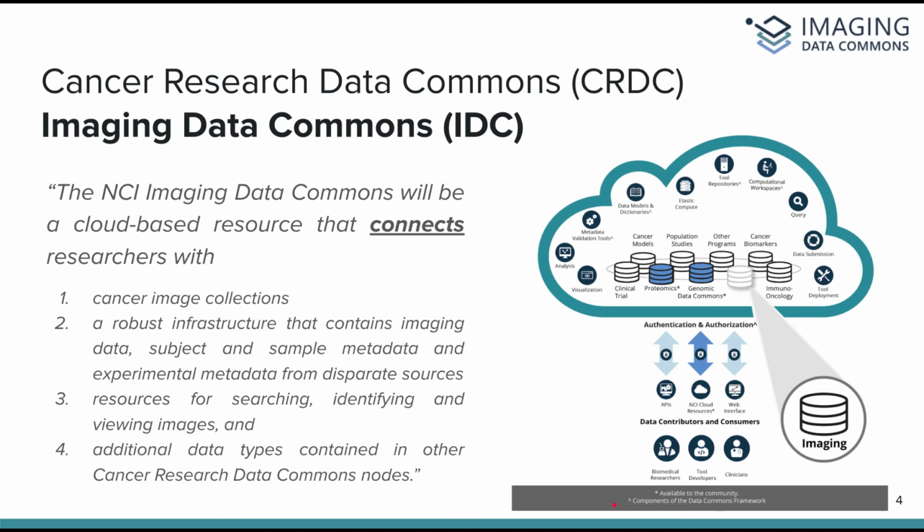In addition, Imaging Data Commons aims to bring imaging data and link that data with other types of modalities and resources to support cross-omics analysis. It is important to emphasize that Imaging Data Commons is just one of the components of CRDC, and other components such as NCI Cloud resources and various other tools are intended to connect together the data and computational capabilities and support deployment of workflows on the cloud.